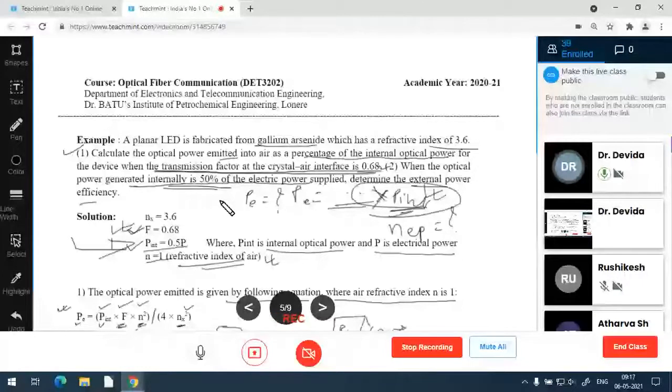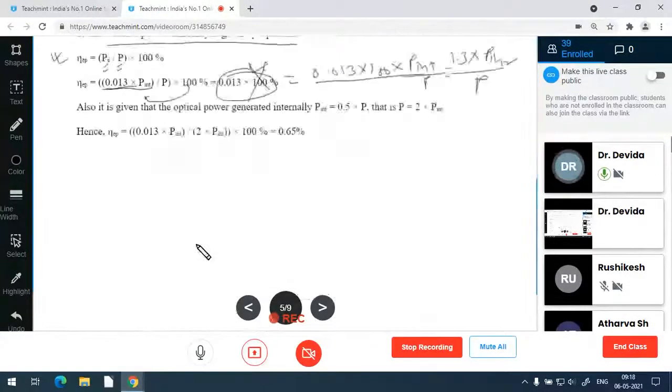When P internal is the internal optical power and P is the electrical power, we can write P internal equal to 0.5 into P. Then P equals 2 times P internal, so P is kept here and 0.5 is taken on the other side. 1 upon 0.5 is 2. P is 2 times P internal.